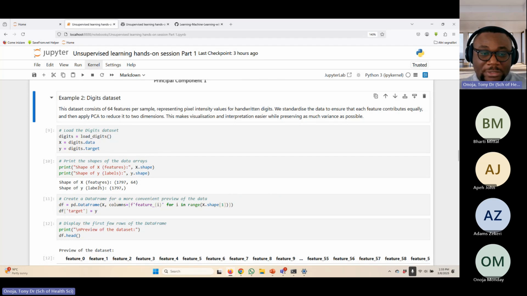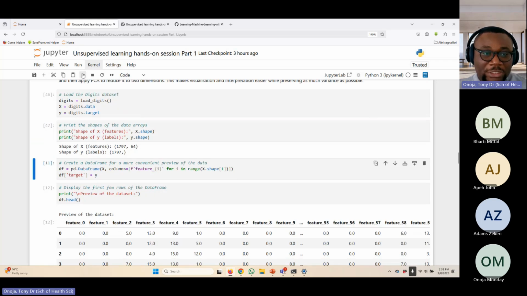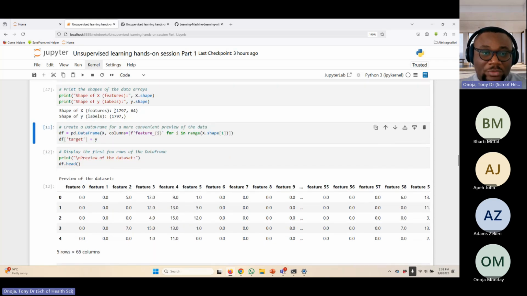Interestingly, we could see that the dataset has 64 features. So we want to see what happens when you load the dataset again and find its shape. It has 1,797 rows and 64 columns.